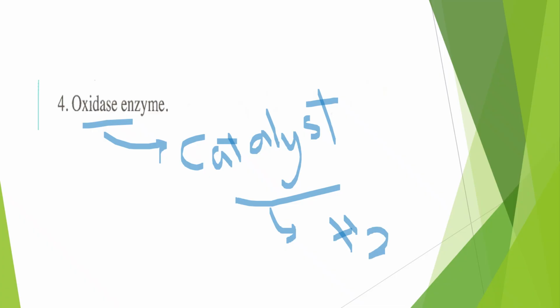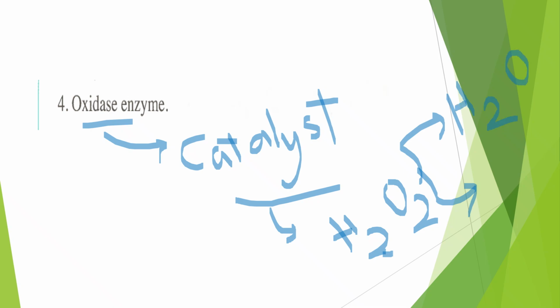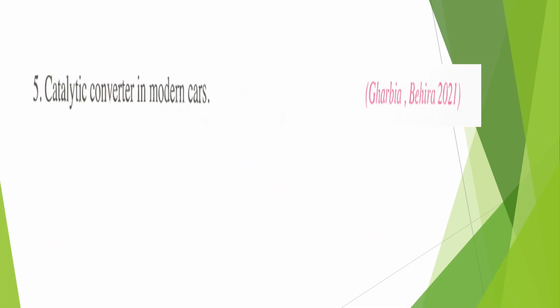So oxidase enzyme is a catalyst found in the sweet potato. It can help in the decomposition of hydrogen peroxide into oxygen and water, okay? This is for oxidase enzyme.